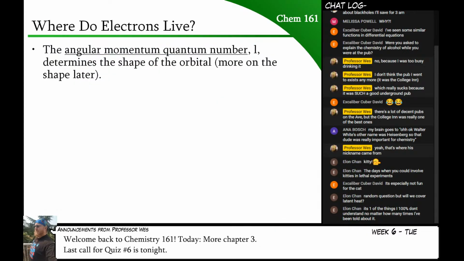Which shape is governed within an orbital is determined by this quantum number, the angular momentum quantum number L. You do not need to remember, well, I mean, you do need to know that it's called the angular momentum quantum number, but you don't need to know what that means, other than shape.